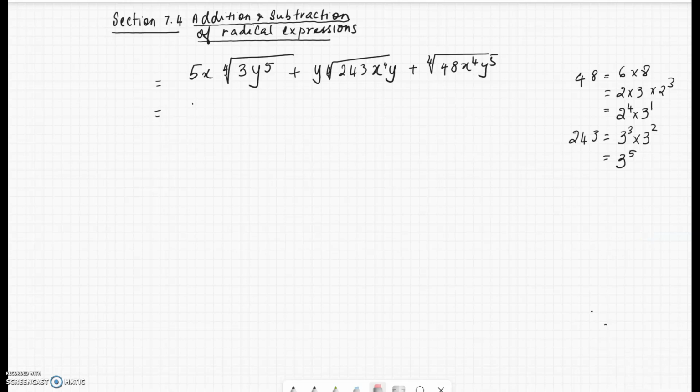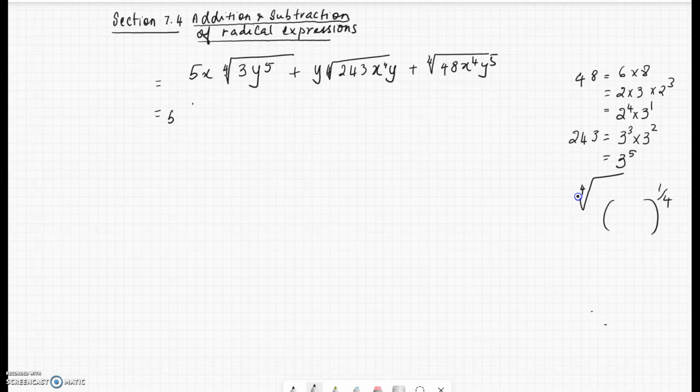So this problem, we're going to look at each term inside the radical sign, which is the 4th root, and that is the same as raising to the power of 1/4.